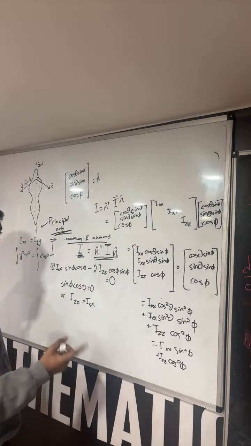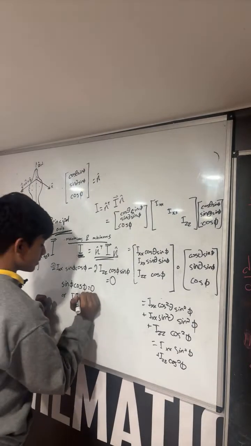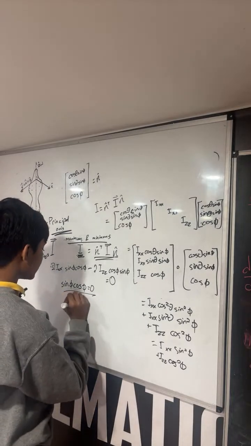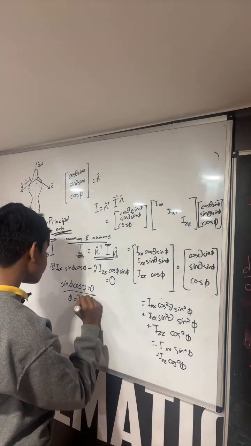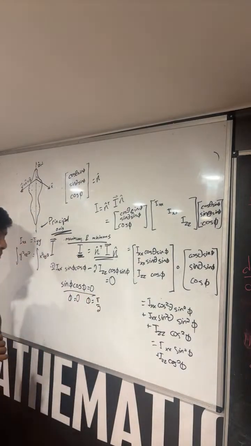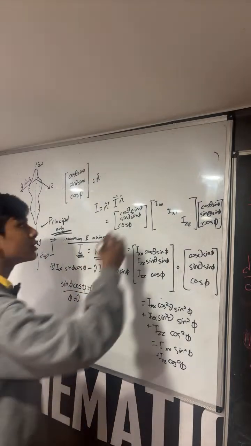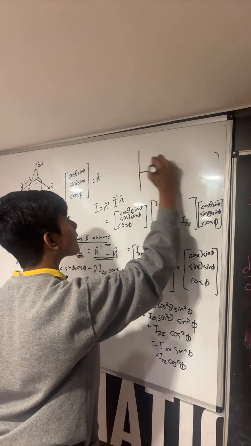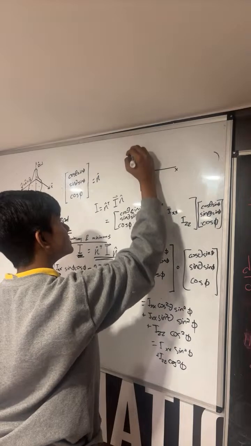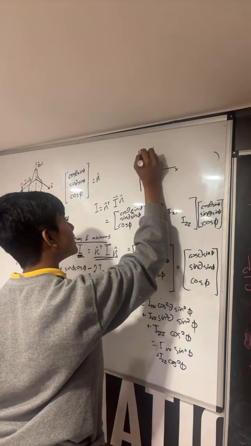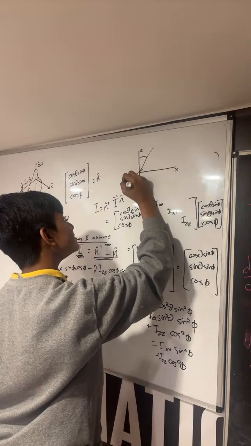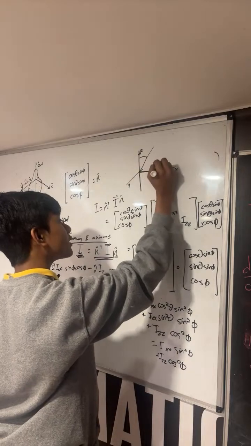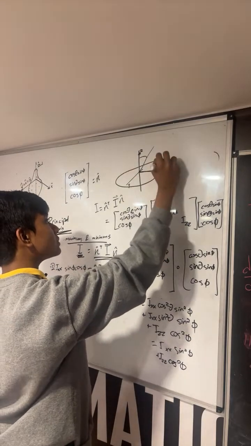Now, of course, this is only true for a spherical object. So in general, we're just looking at the case where either phi is 0, sine of 0 is 0, or phi is pi over 2, which makes cosine phi 0. Now recall that phi in spherical coordinates is defined, if this is x and this is z, as this angle right here, which means that at 0, it's somewhere on the z-axis, and at pi over 2, it's somewhere on the xy plane.